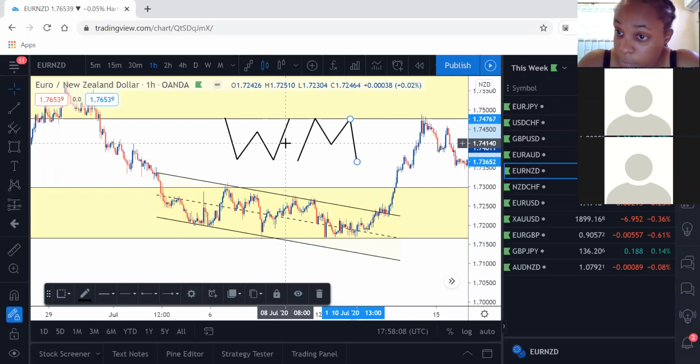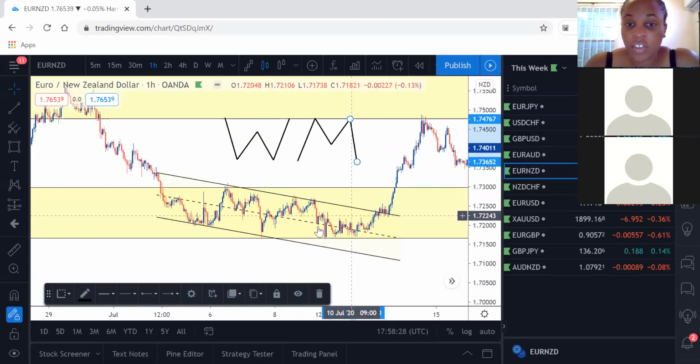Could be a lopsided W, or just as the ones that we have here. A W is also known as a double bottom.